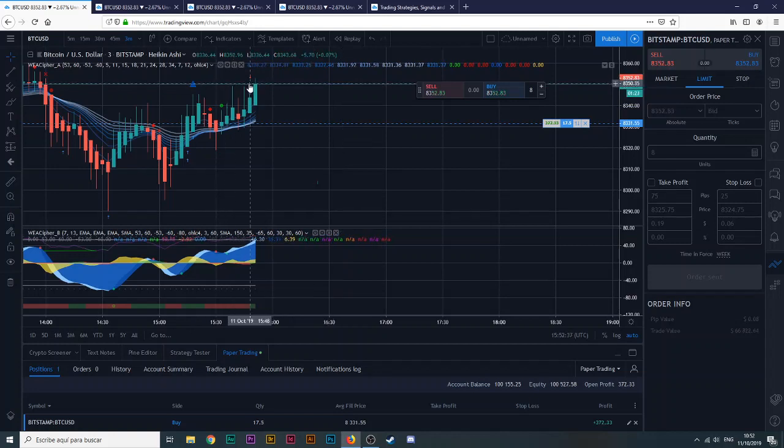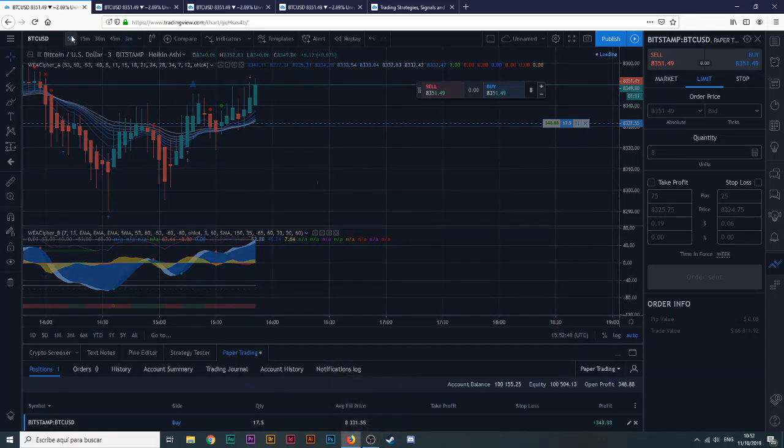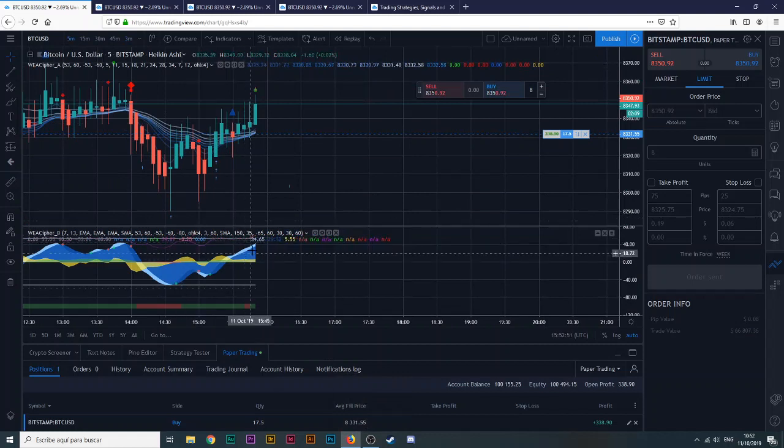This is where we sold, right here. So now I want to wait until this indicator comes to about here when the market turns.